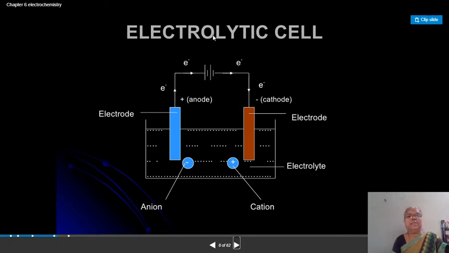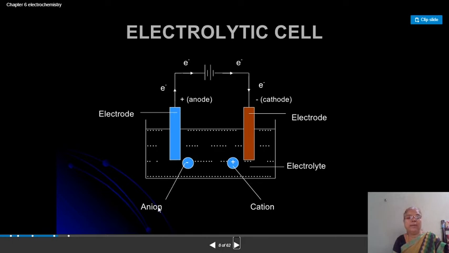Here, this is the electrolytic cell. As I have already told you, any electrolytic cell or electrochemical cell consists of two electrodes. Here, this is our positive electrode, that is the anode. This is our negative electrode, that is the cathode. And suppose in this apparatus we have taken an electrolytic solution, and that solution contains negative ions.